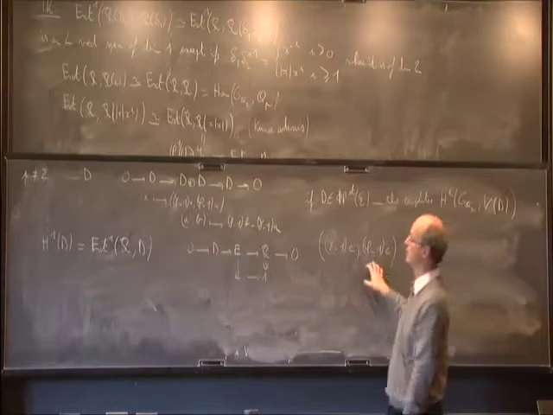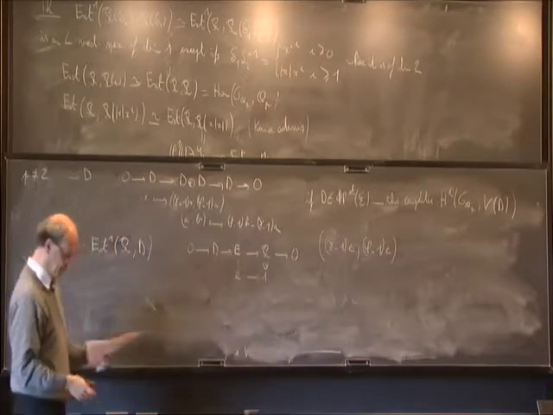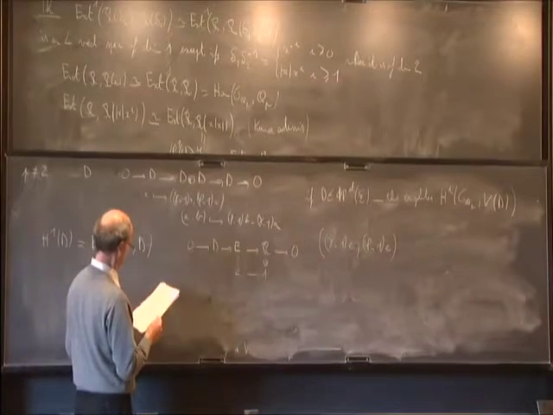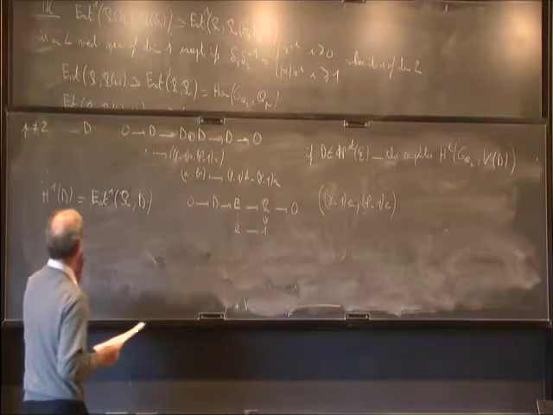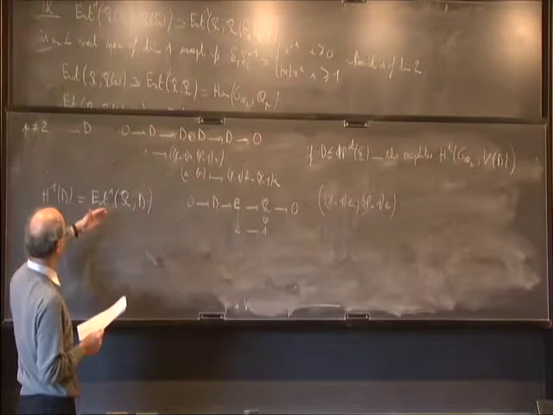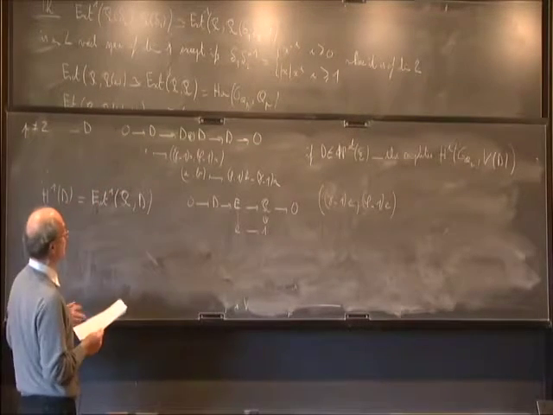This gives you a pair of elements there, which is in the kernel here, by construction. So this gives you a concrete description of Ext1.